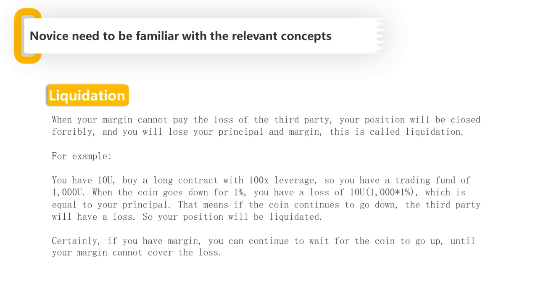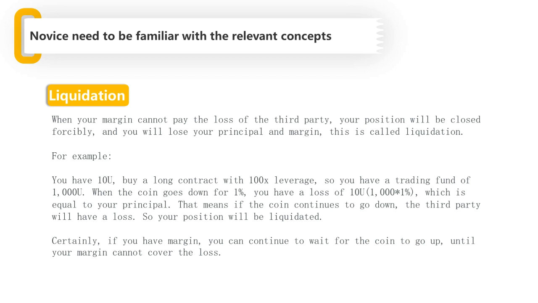When the coin goes down 1%, you have a loss of 10 USDT. That is 1000 times 1%, which is equal to your principal. That means if the coin continues to go down, the third party will have a loss.